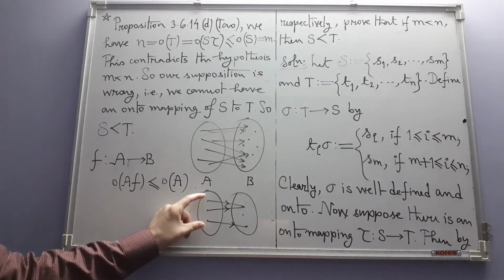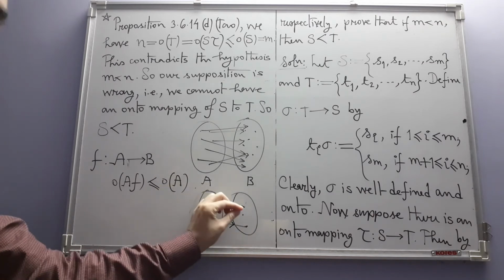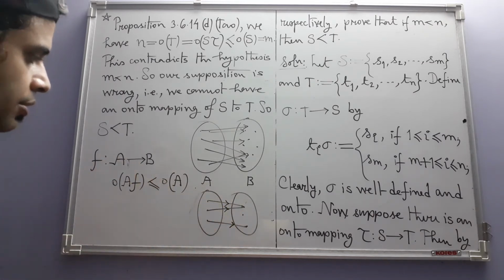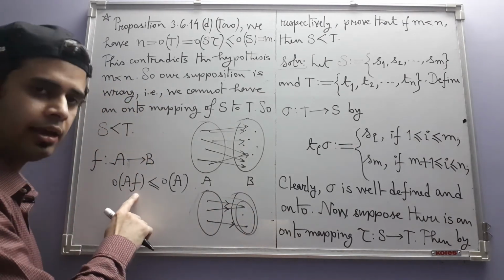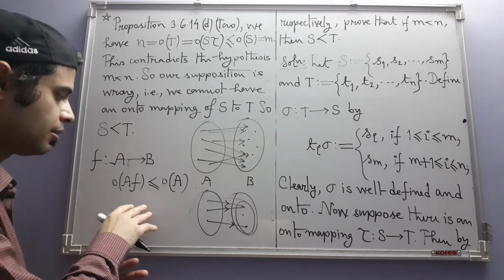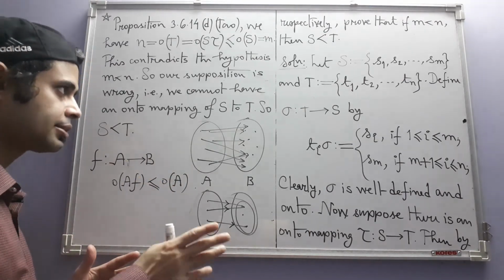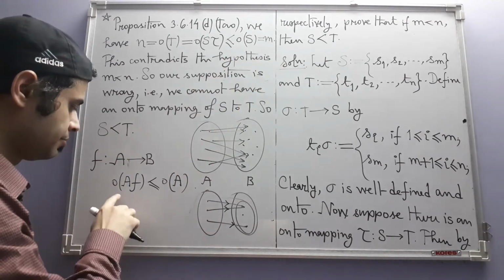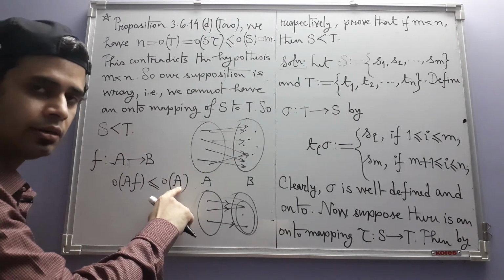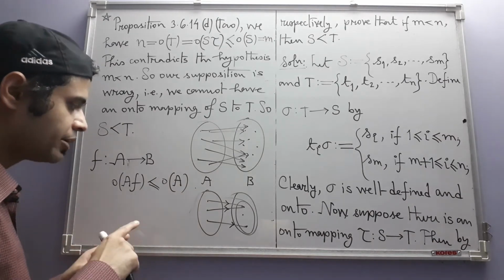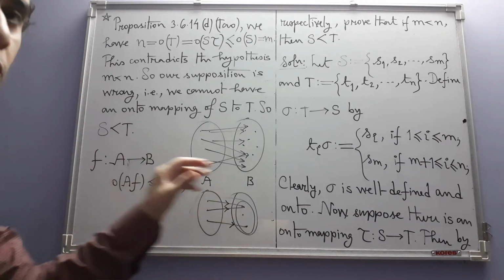So here, although I started with 3 elements, now I have 2 elements because there is a collapse. So in general, the set of images, which is this AF, is smaller than A in this sense. That is, it has fewer elements than the domain. It becomes equal only when the mapping is one-to-one.